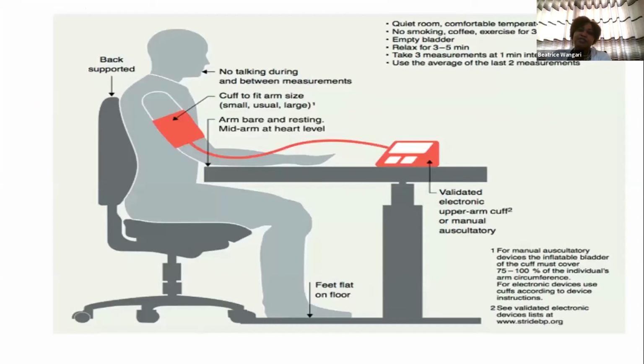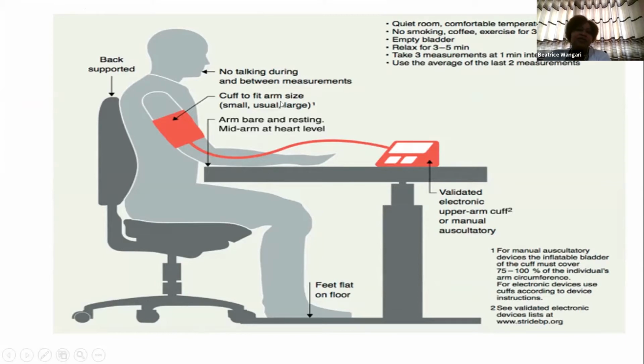This is really a pictorial just to emphasize the correct and accurate measurement of blood pressures. We probably overlook some of these aspects. Quiet room, patients should at least be relaxed.